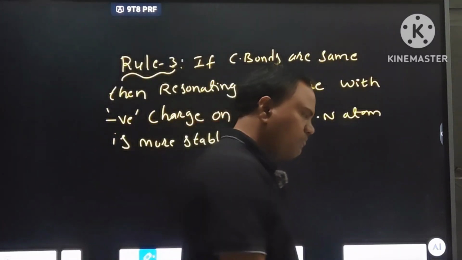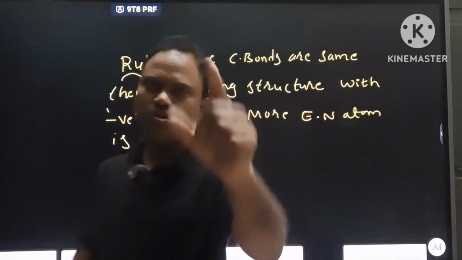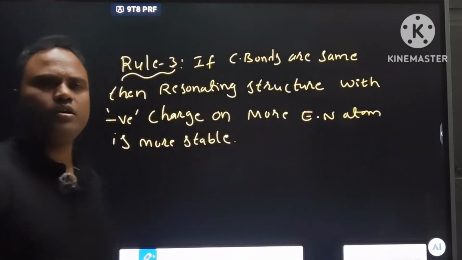If the number of covalent bonds is the same, then how to predict the stability? Check in which resonating structure the negative charge is present on the more electronegative atom.